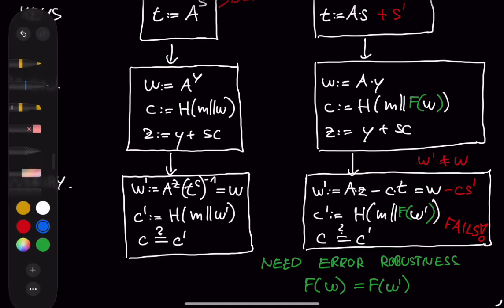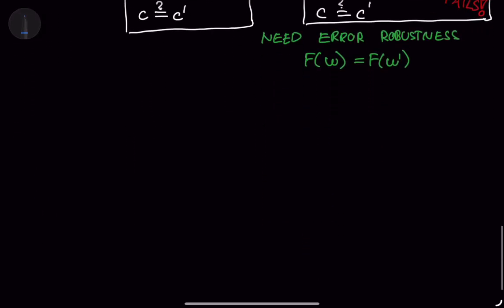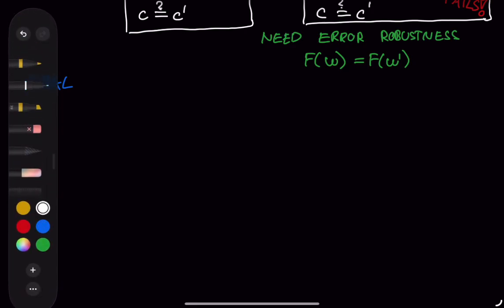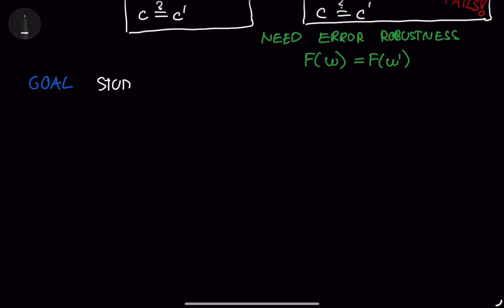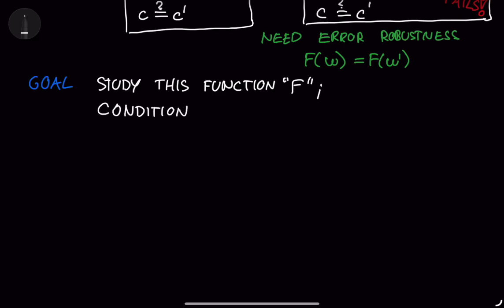So the goal now is that we want to study this function. And we want the condition, in particular the condition under which this function provides some error robustness.